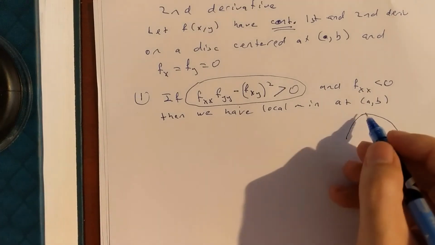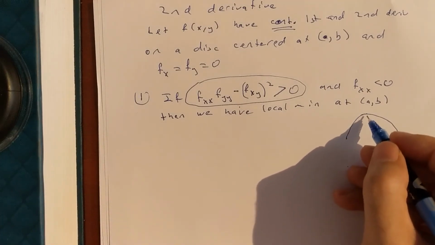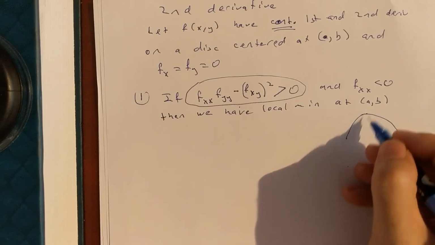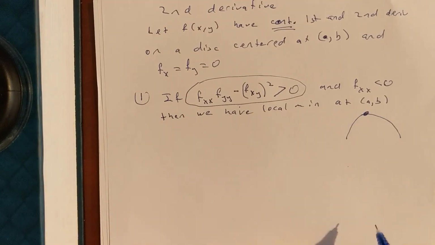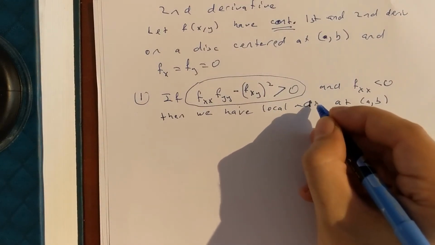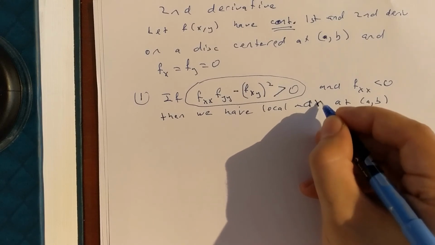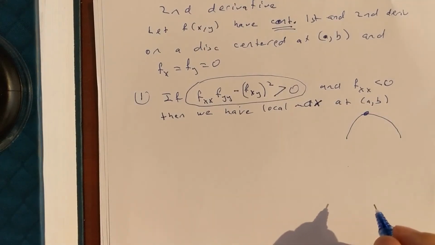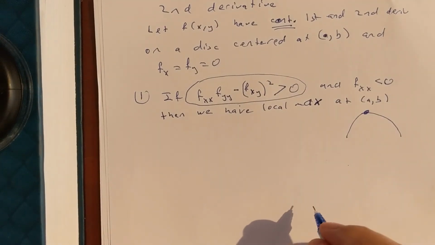Since everything was opening up the same direction, they are all pointing down, so this has got to be a local maximum. Oh my goodness, I said local min here. Sorry guys, my bad. It is a local maximum, right? That's my bad.